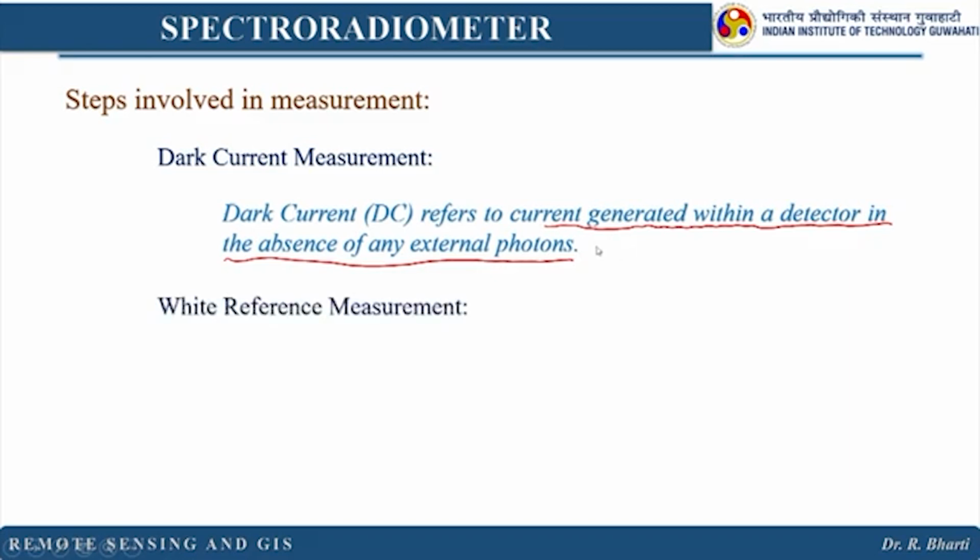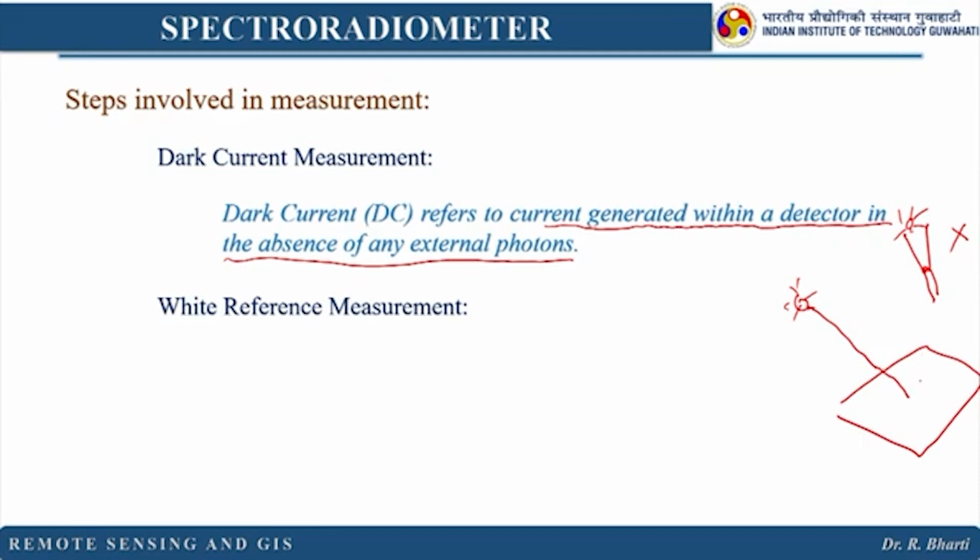Then white reference measurement, why do we need that? The white reference is your spectral panel. That is used to measure your irradiance, because when you point your fiber optic cable towards the sun, it will get saturated, right. So, it will not work. Instead of pointing directly at the sun, we use it indirectly: where the sun is illuminating a surface, there we keep our panel, and this panel has a property of 100% reflectance, right.